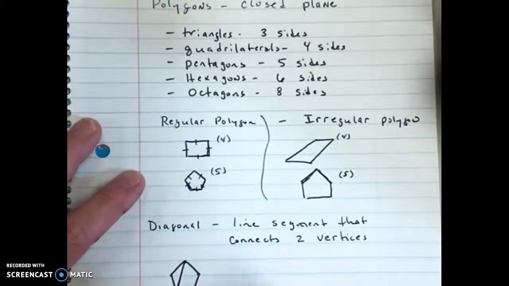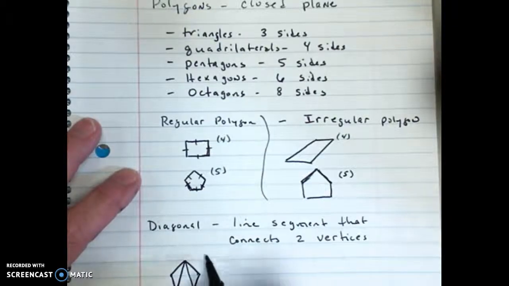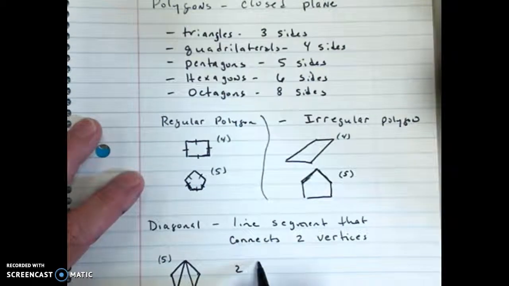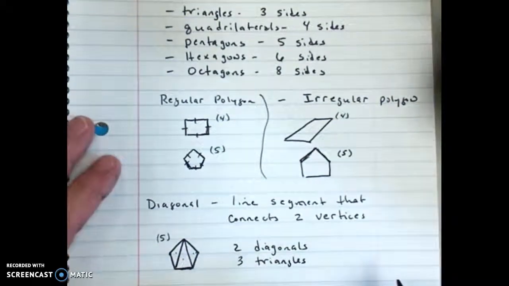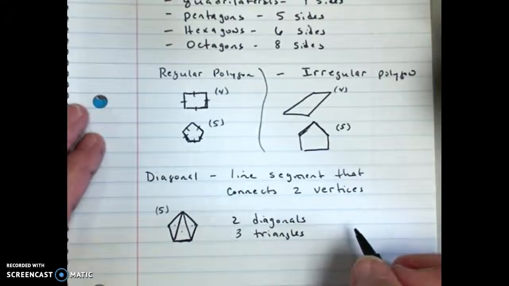So this would be one diagonal and two diagonals. Even though this is a pentagon with five sides, we can form two diagonals, and it makes 1, 2, 3 triangles. We're going to be using that information in our assignment today.